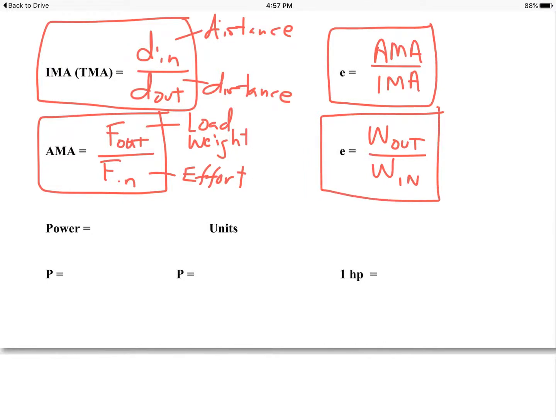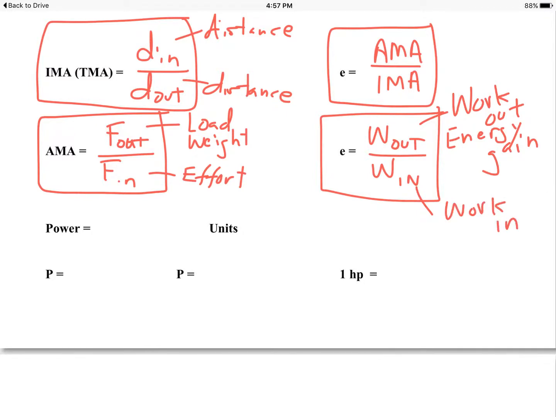So we have your work output, which also can be looked at as your energy gain, over your work input. I'll give you an example in a second.